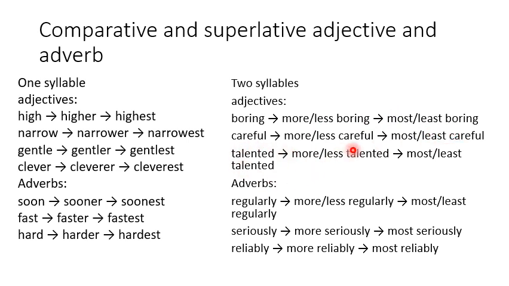So on for the other adjectives with two syllables: careful, talented, and so on. For adverbs: regularly, more or less regularly, most or least regularly; seriously, reliably, same: most, least, more, less. So we know all this stuff from our previous study.